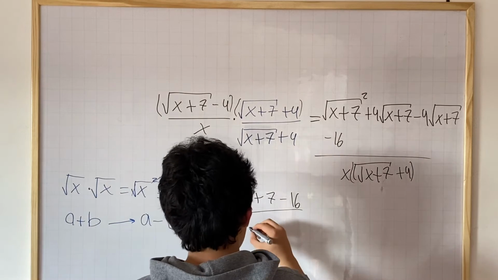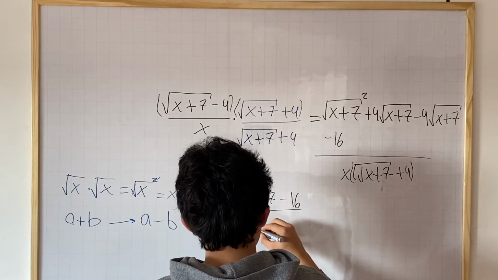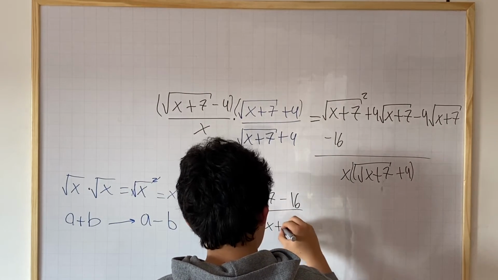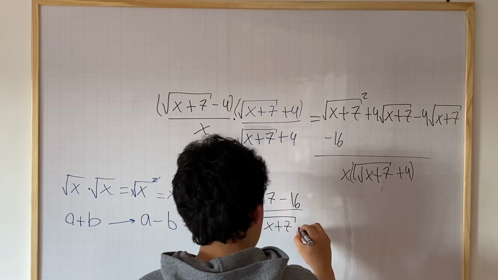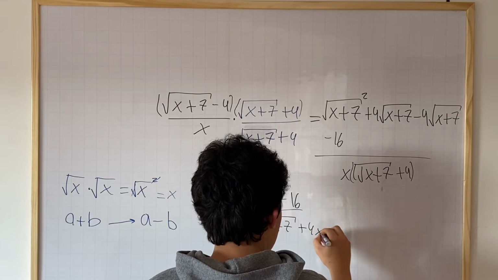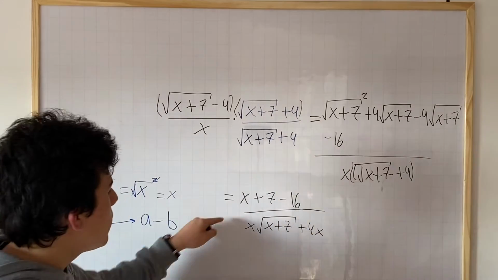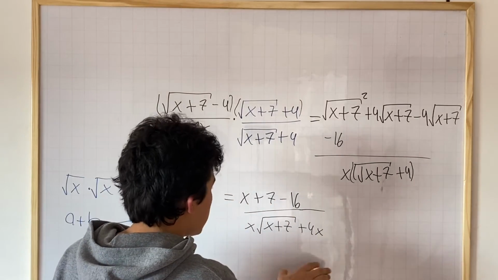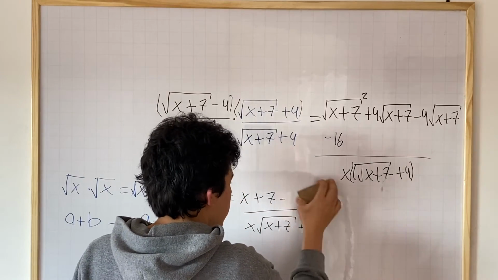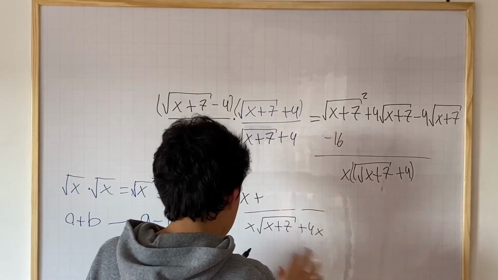So we would get x times the square root of x plus 7 plus 4x. So this would be our final expression. Well, now actually we could simplify these two, and 7 minus 16 is just minus 9.